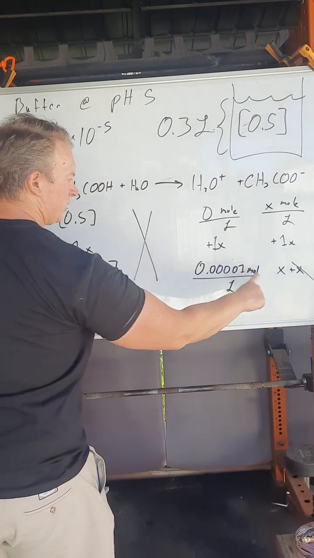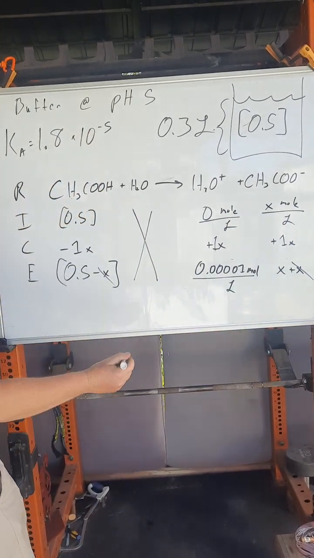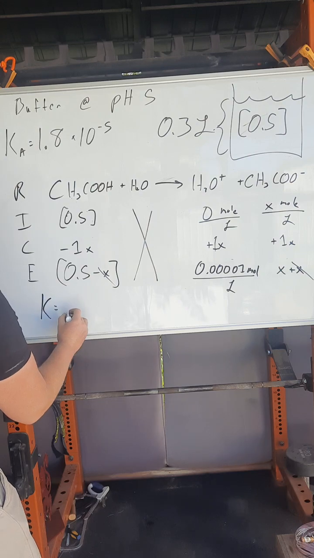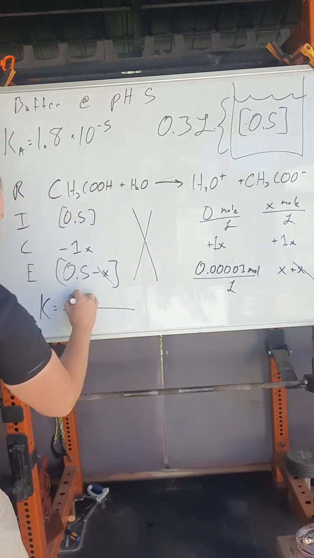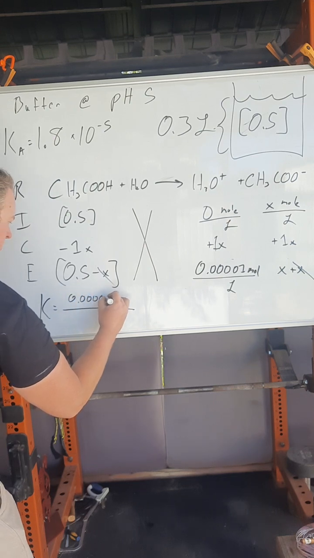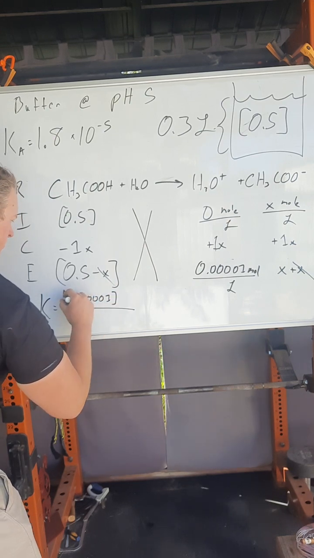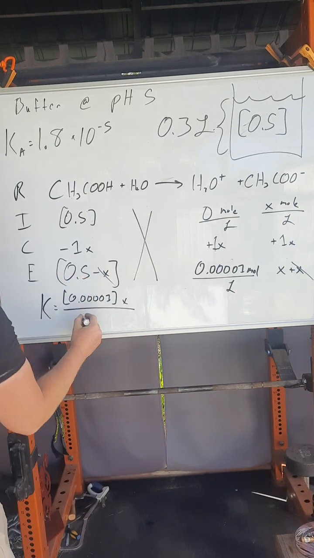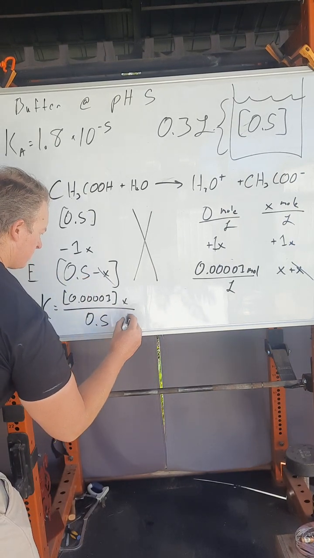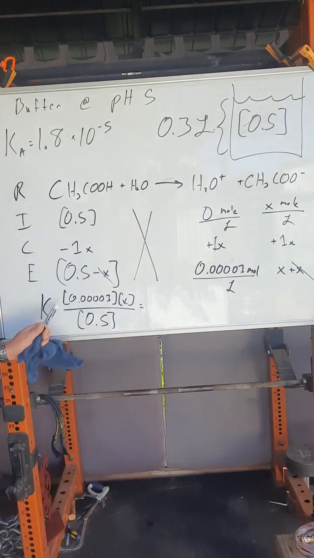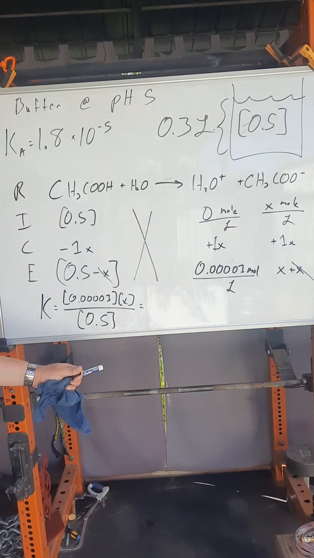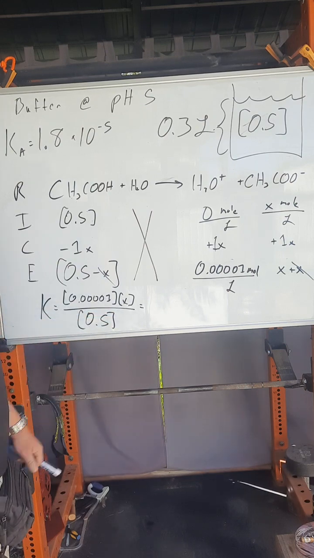Putting in our equilibrium concentrations, X times this number, divided by 0.5. This can be done with arithmetic and solved for X.